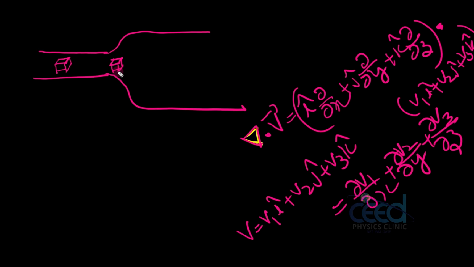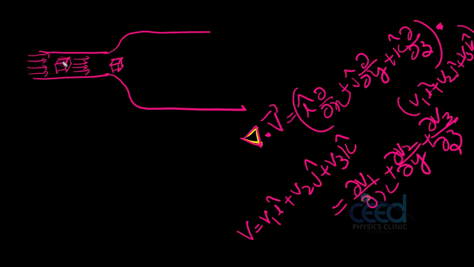I have considered two volumes of the same size. Suppose you are considering the flow of a liquid here. How much flow enters this volume must be equal to how much flow leaves this volume. So entering and leaving must be equal.